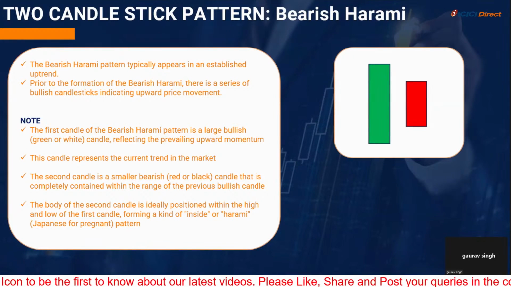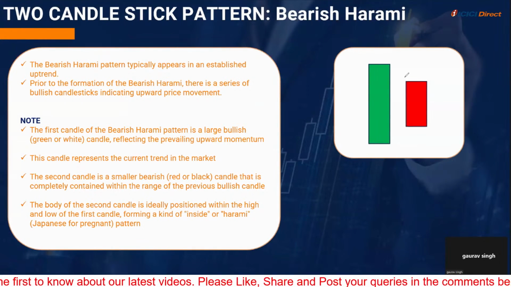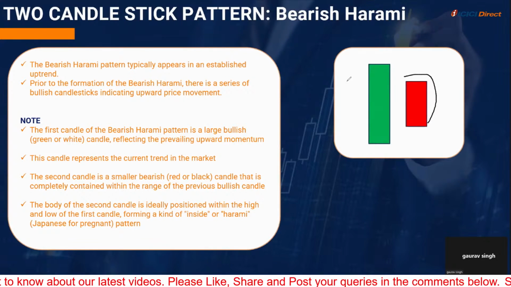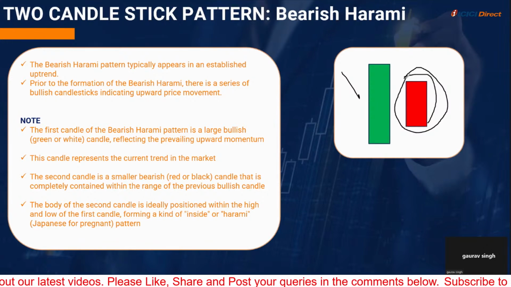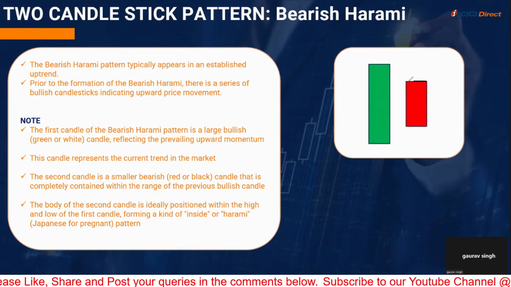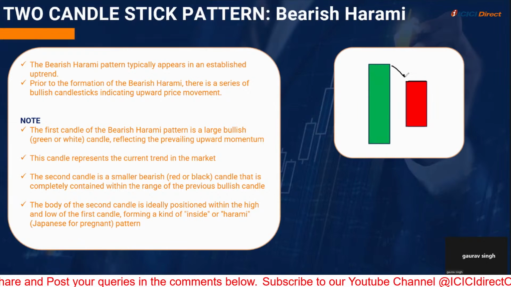In bearish Harami you should have a significant uptrend. There should be a big green body, and the red candle should be formed within the body of the green candle. So the condition, I'll just repeat, would be the open of this candle should be lower than the close of the first candle, and the close of this candle should be higher than the open of the previous candle.